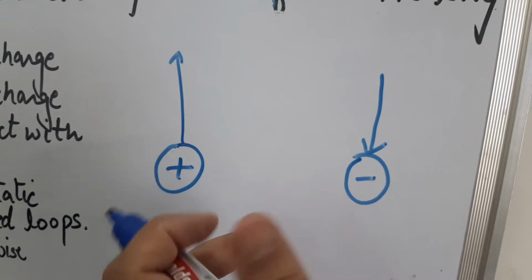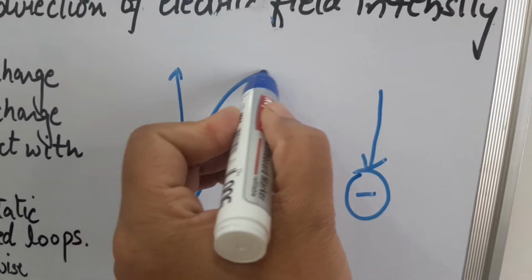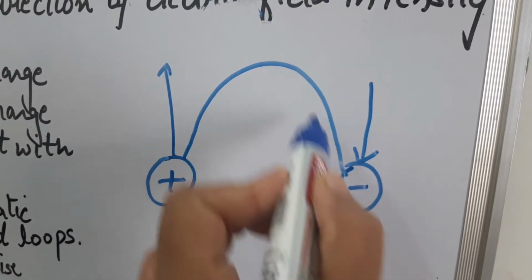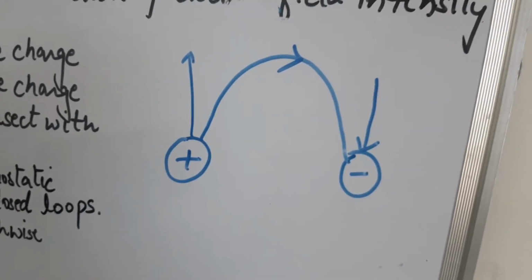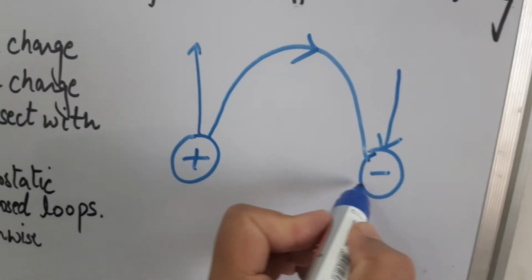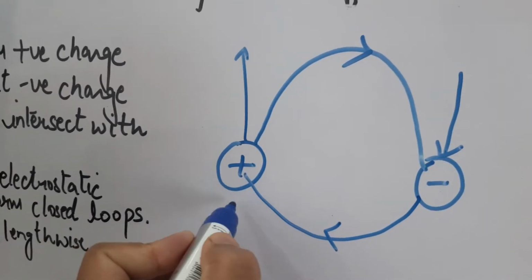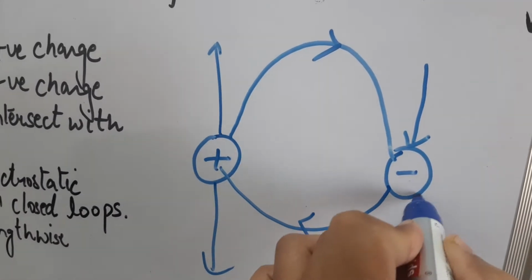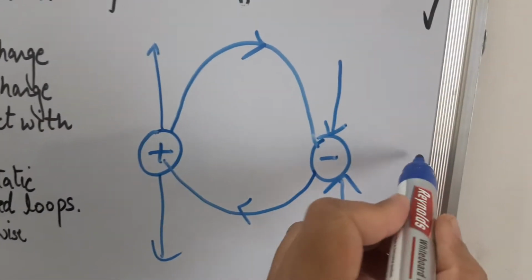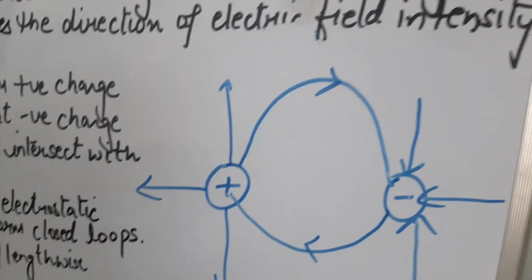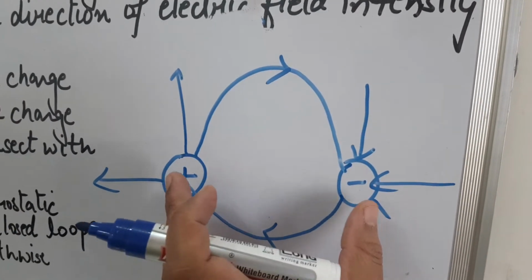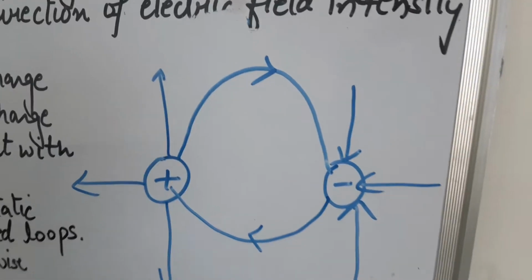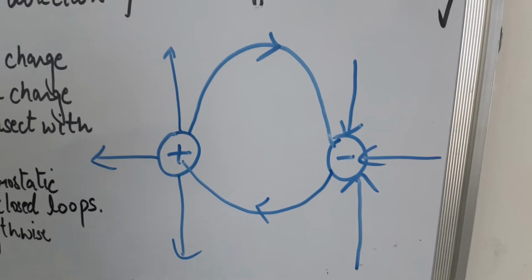So when they are placed together, this field line will go like this towards the negative charge, right? This is how we can complete it. So these are the electric field lines. Because they are unlike charges, they are attracted towards each other, and we can explain it with the help of these electric field lines, right?